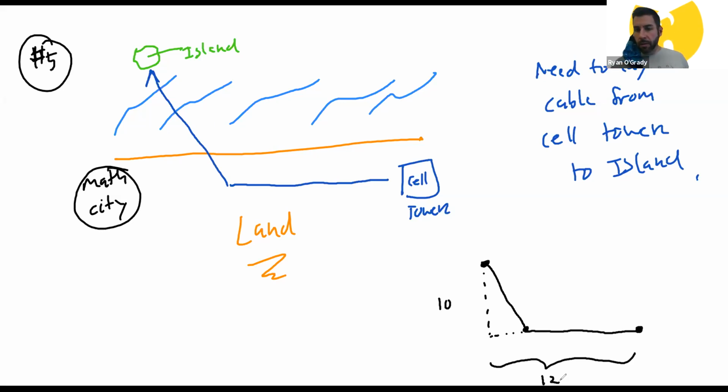This scenario, and by the way, this scenario right here, I didn't say anything about how far this was. By the way, this is a right triangle. What I can do is introduce a variable. I can call this distance x. And then that means this distance is 12 minus x.